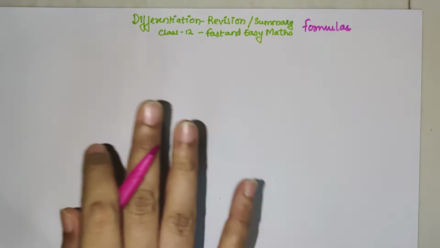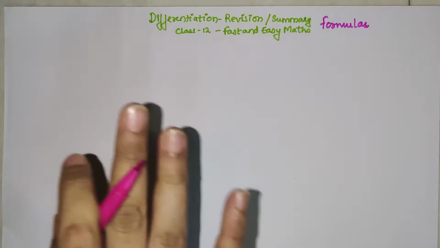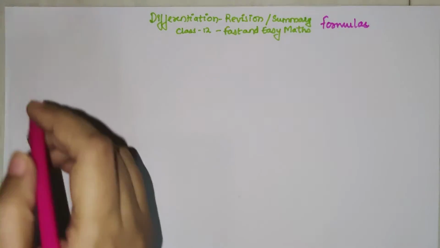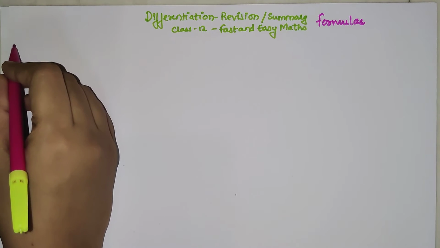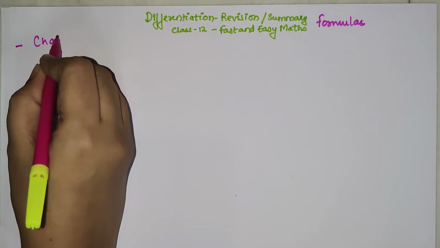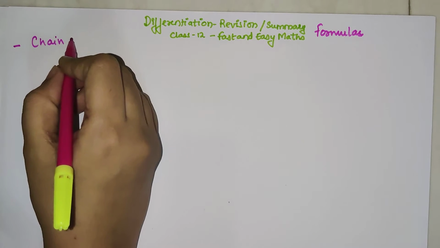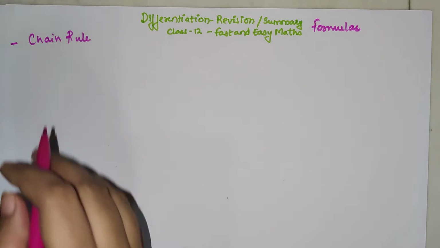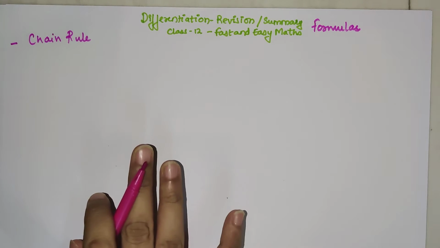Okay, so now let's understand how many types were there in this particular chapter. The first one was chain rule. Okay, now students, chain rule, part of it was already covered in 11th standard.